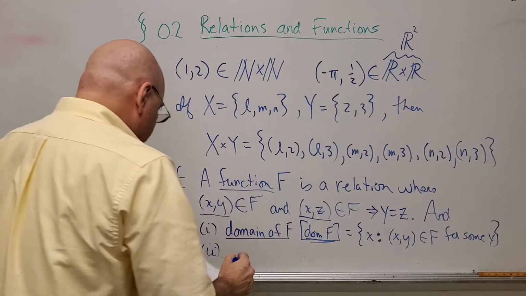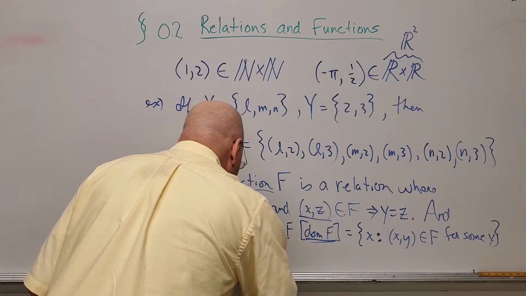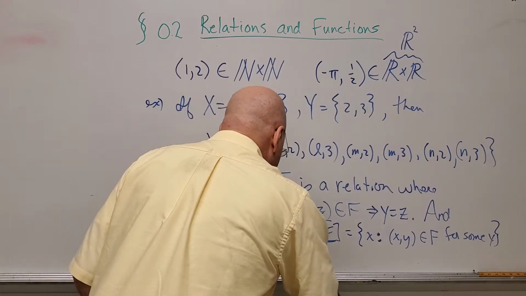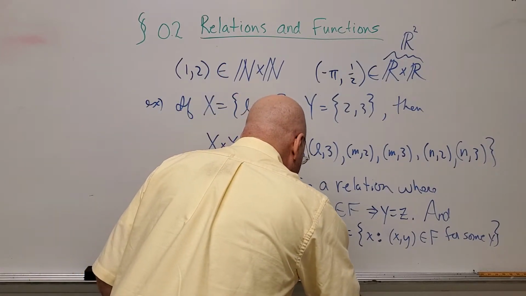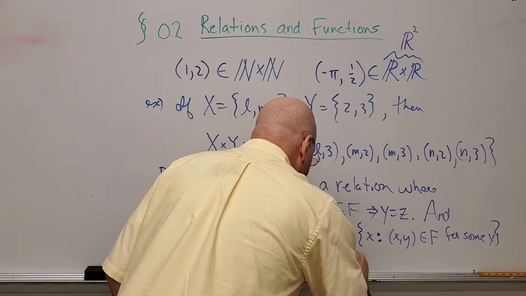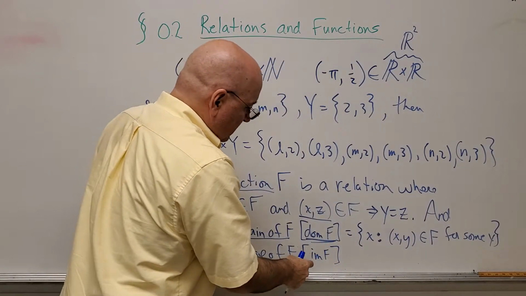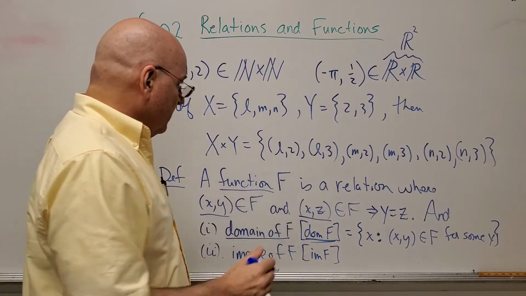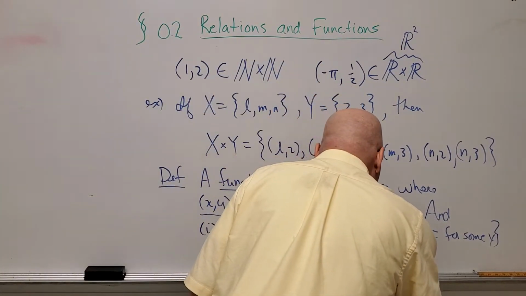Then the second one is going to be the image of f. And I'll frequently write that with just im of f. And I could put parentheses around the f in both cases if I wanted to. Well, you might suspect what the image is.